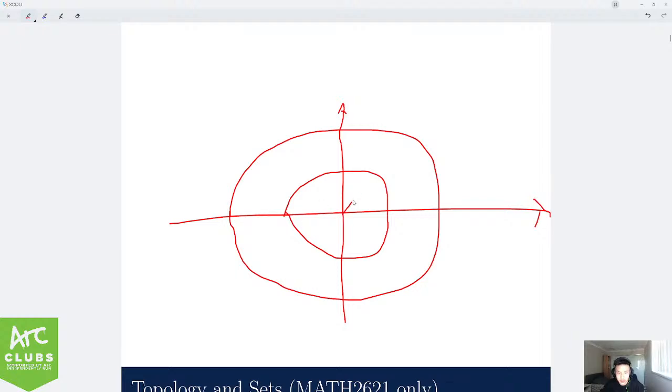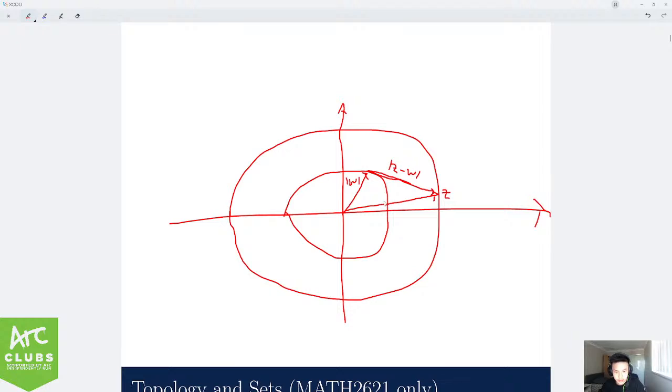Let's say this is the complex number w, and this is the complex number z. So this vector here is going to be z minus w. If we take the modulus, that's going to represent the radius of the inner circle. If we take the modulus of z minus w, that's going to represent the length of this vector here.